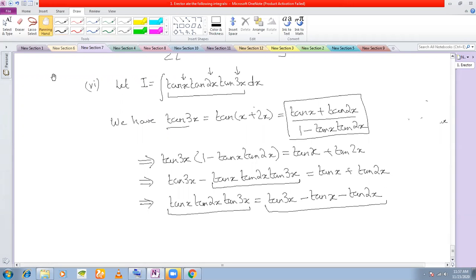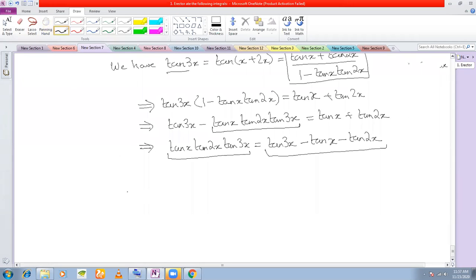Now this can be easily integrated. Therefore, I is equal to integral tan x, tan 2x, tan 3x dx must be equal to integral of tan 3x minus tan x minus tan 2x dx, right?